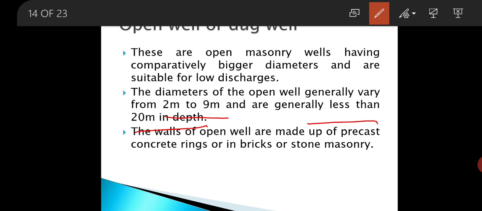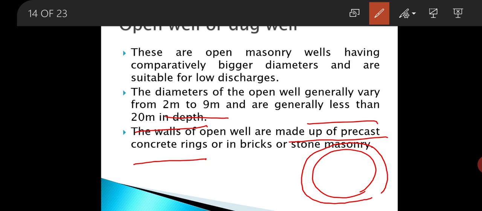The walls of open masonry wells are made up of precast concrete rings connected with each other, and they can also be made of bricks.